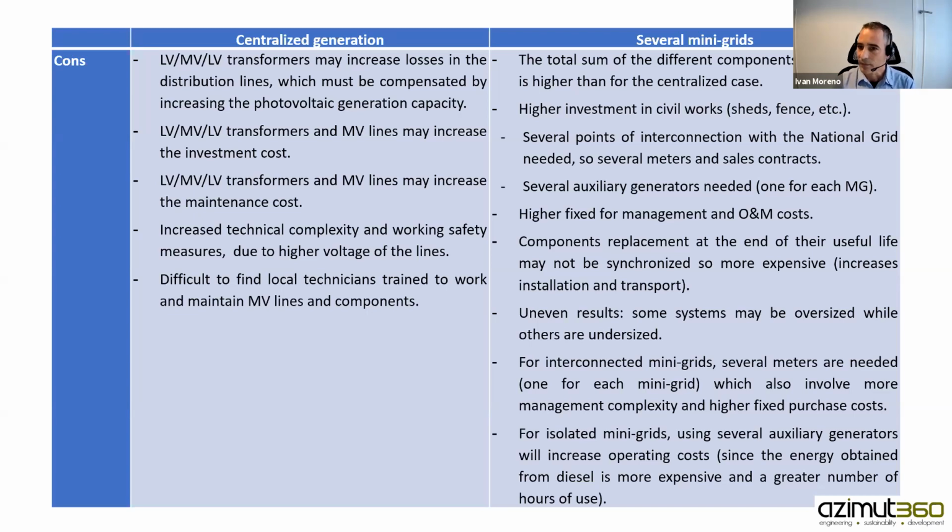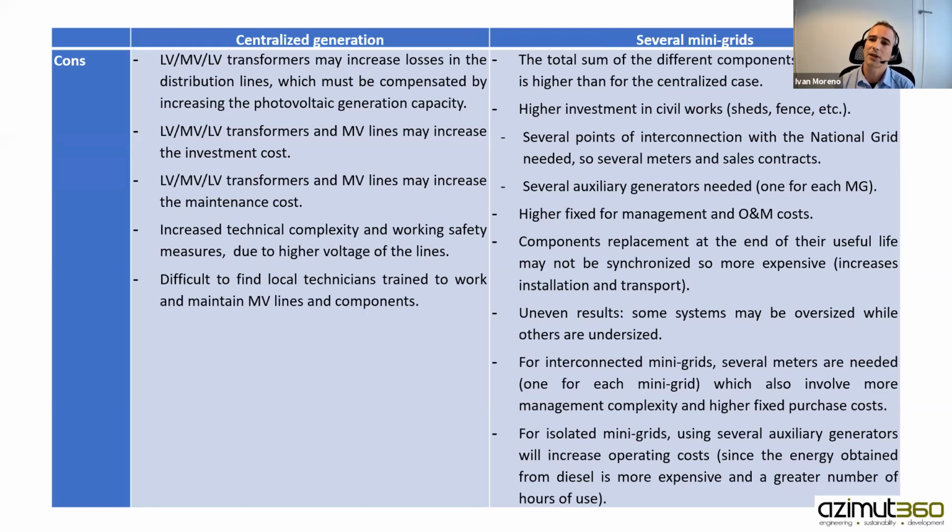Also, you can have several generators. Each of the installations needs its auxiliary supply, because batteries are expensive. They need to be taken with care. So we always need an auxiliary supply in case the battery is low.